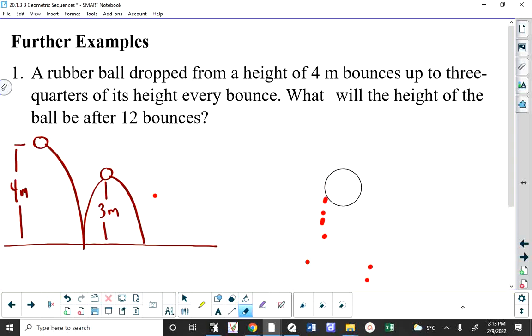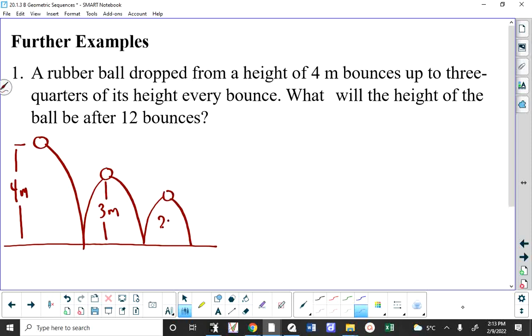2.25? Okay. So it bounces up and it only goes to 2.25. I'm running out of room here. I would hope everybody knows how we're finding that, but in case you don't, we're multiplying by 3/4 each time.